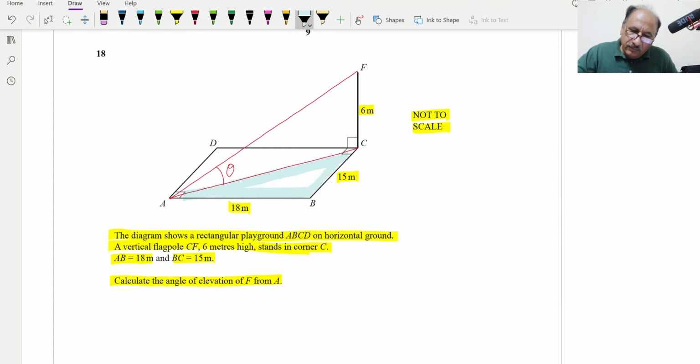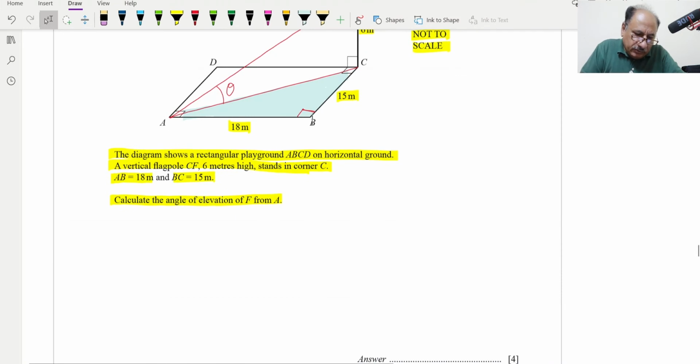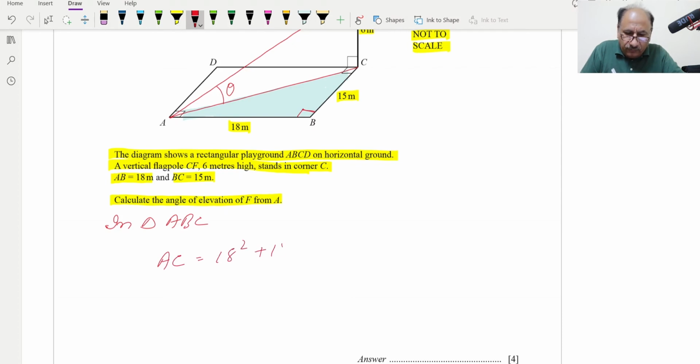We will find the hypotenuse of this triangle, and then we will consider the other triangle. To calculate it, we can find AC. We can apply Pythagoras theorem because this is a right angle. So ABC is a right angle triangle. In triangle ABC, by Pythagoras theorem, AC is equal to the square root of 18 squared plus 15 squared.